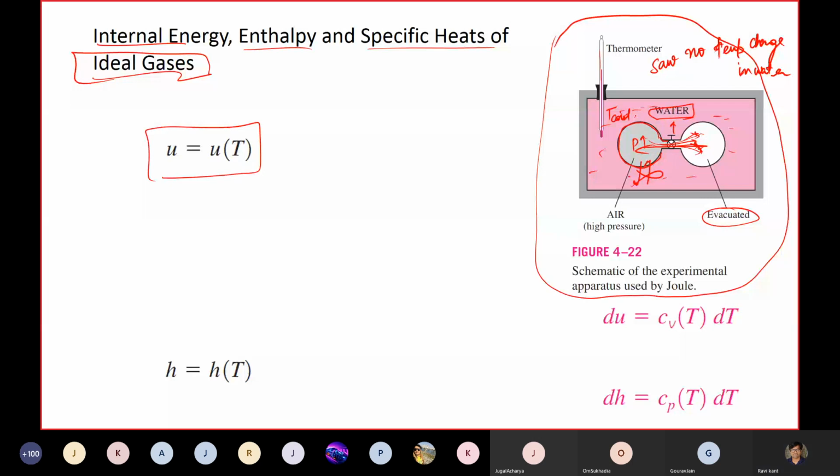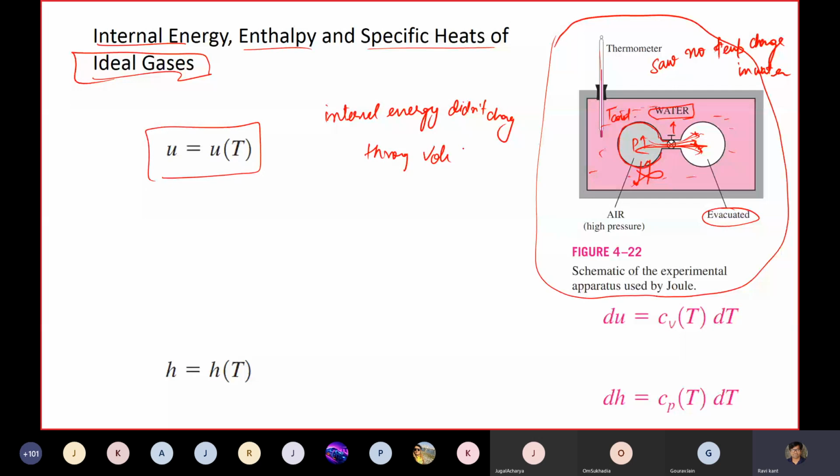So what does it mean? The internal energy didn't change through volume change or pressure change.